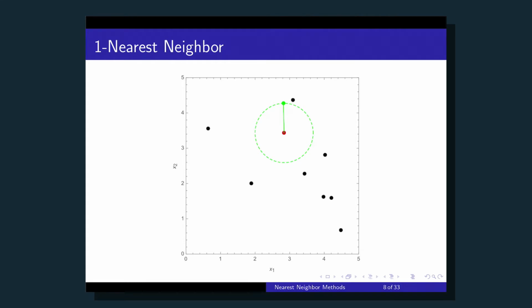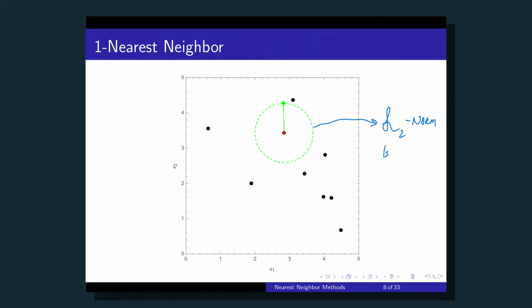Notice that when you use this circle as the neighborhood, you're essentially using Euclidean distance, the L2 norm.